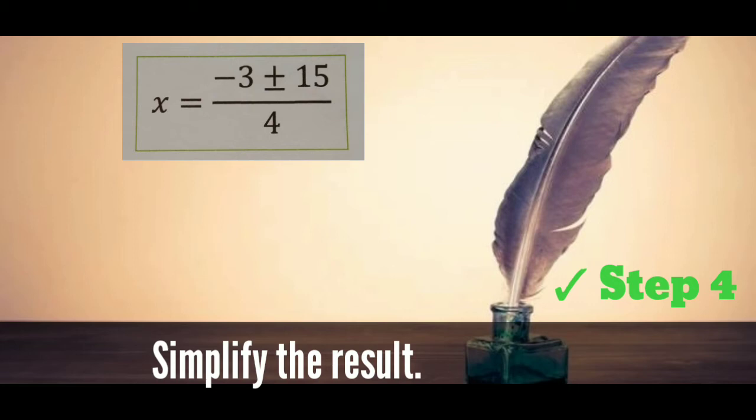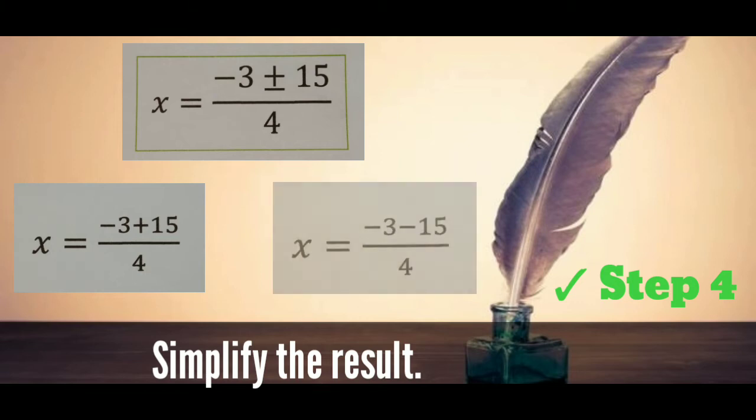So we can simplify x equals negative 3 plus or minus 15 over 4 into x equals negative 3 plus 15 over 4 and x equals negative 3 minus 15 over 4.